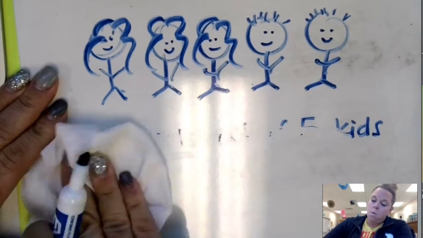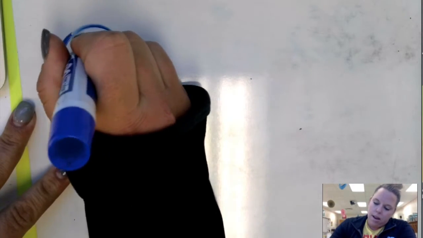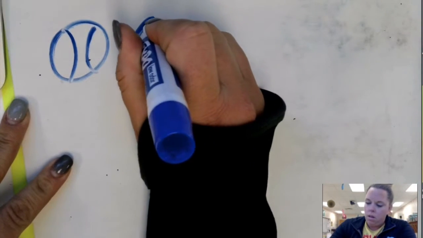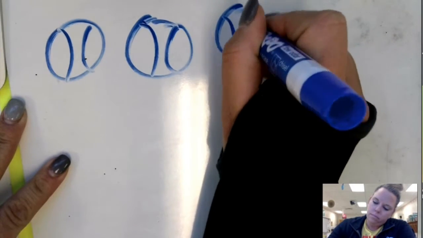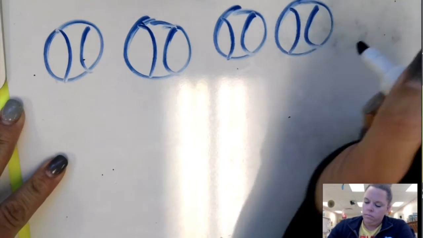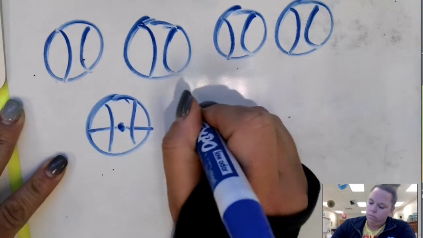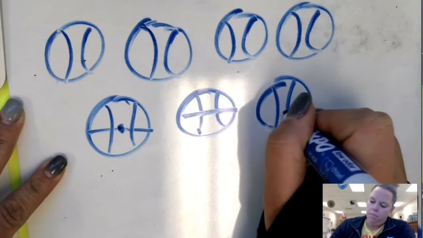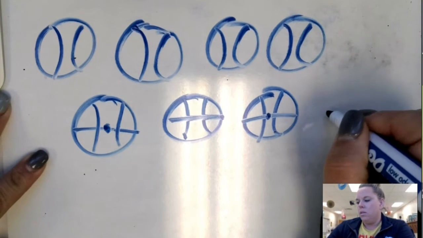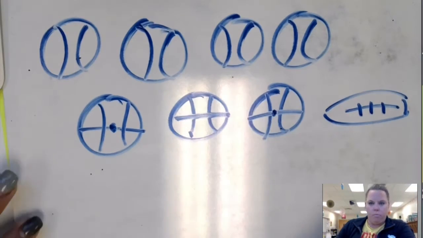Now, let's say that I have some playground balls of sorts. We have basketballs that I have here on the bottom. I have baseballs, and I have a football.